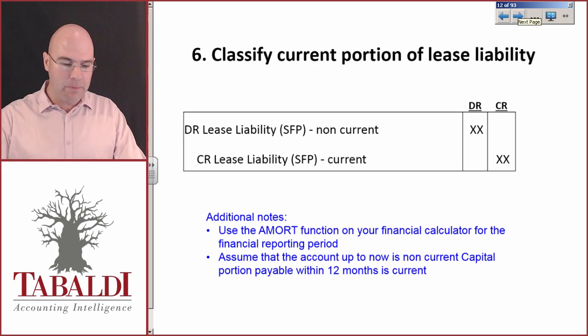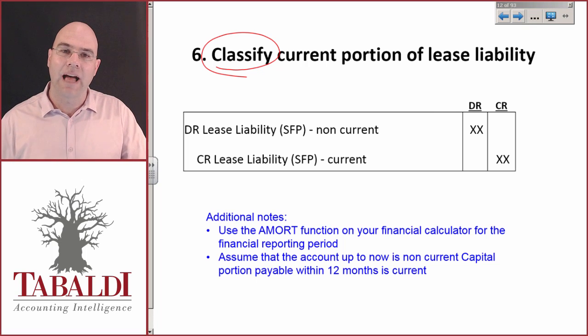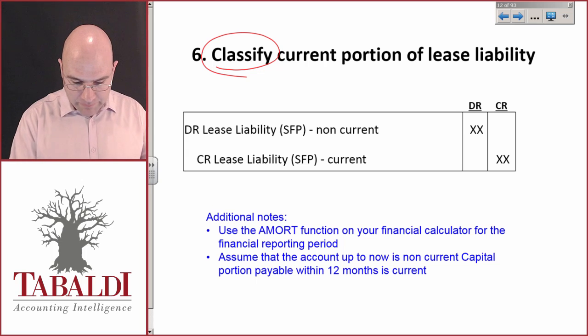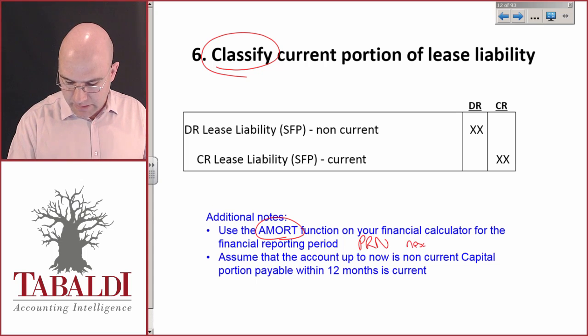Last, and so many people forget to do this, guys, but the financial lease liability is a financial instrument, and IFRS 7 says show how much is a current liability versus a non-current liability. So use the amort function to see what is the principal for the next year that will come up and actually be paid back.